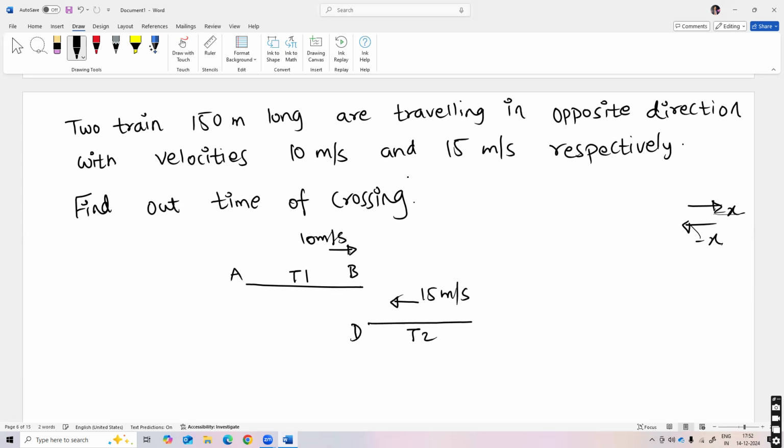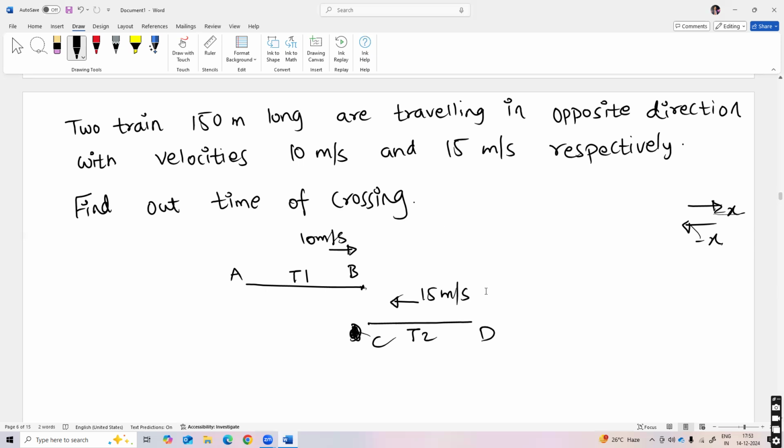Let A be the initial point, so A to B is train T1, and C to D is train 2. B is the rightmost point of train T1, and C is the leftmost point of train T2.